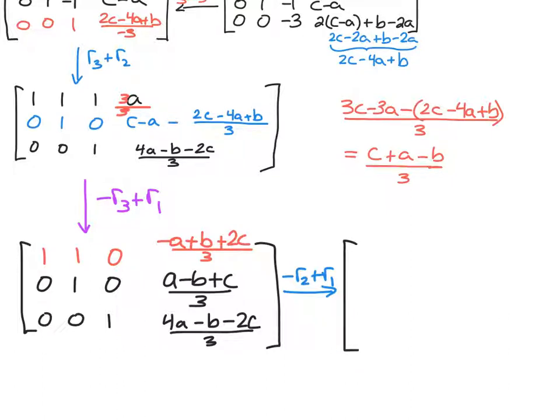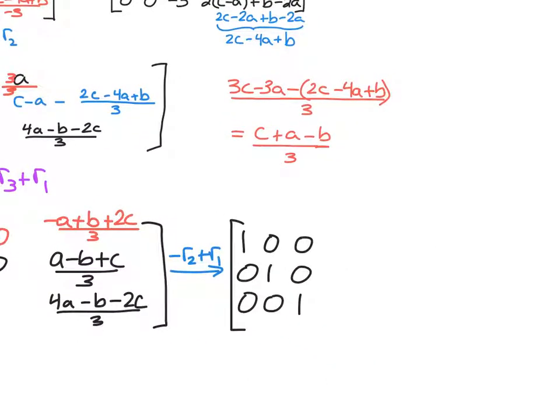Okay. So then the last move, negate row 2 and add it to row 1. So we're looking at the identity matrix, so that's fine. And so we really only have one challenge ahead of us, to make sure I don't screw up this next part.